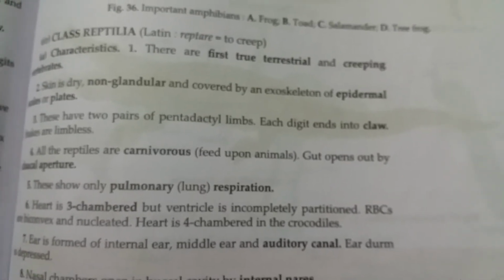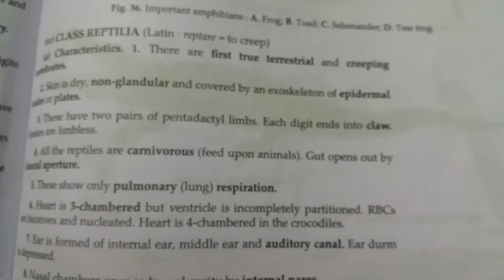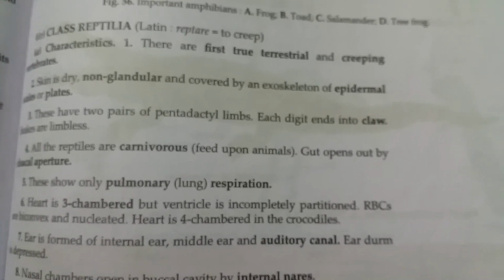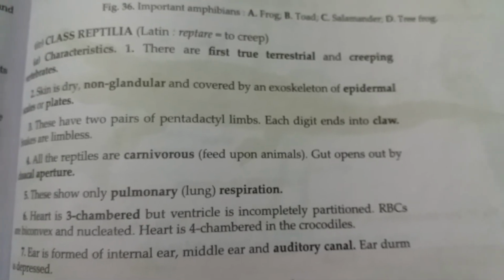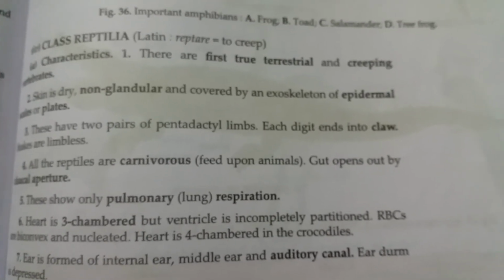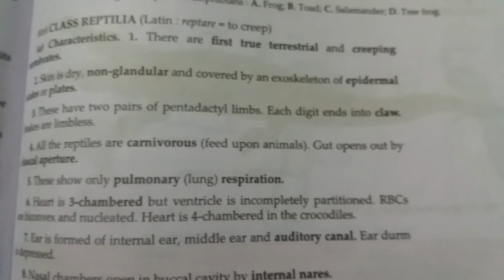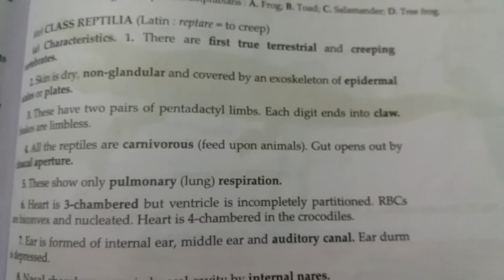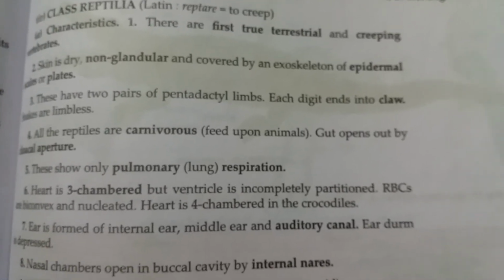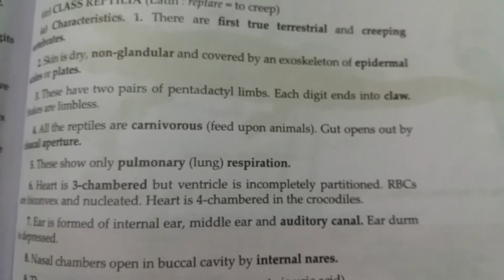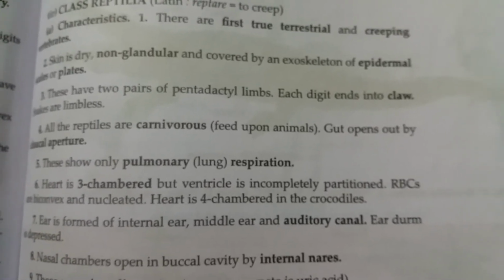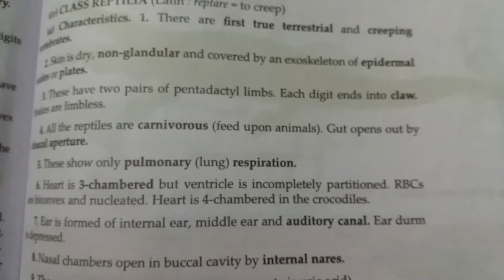Next, skin is dry, non-glandular and covered by an exoskeleton of epidermal scales or plates. Skin is dry because these are terrestrial animals, and covered by an exoskeleton. These have two pairs of pentadactyl limbs. Each digit ends in claws. Snakes are limbless.